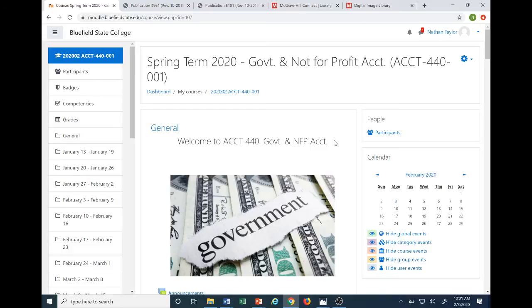Chapter 1 was pretty much just an introduction to governmental not-for-profit accounting. We got into some things we could expect to see between a for-profit business and a not-for-profit one or a governmental body.